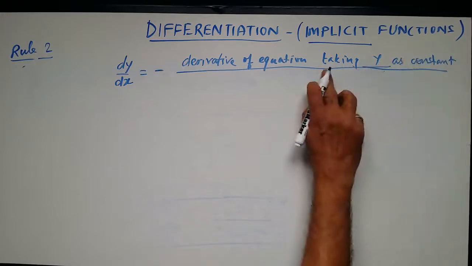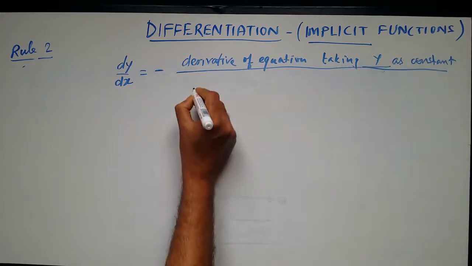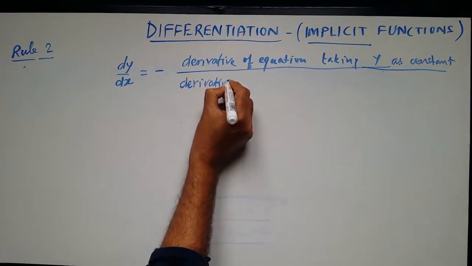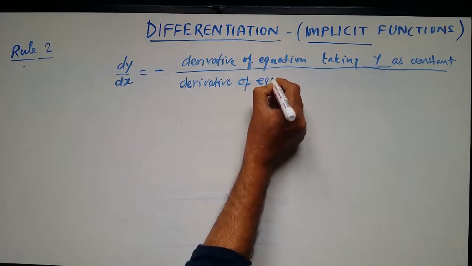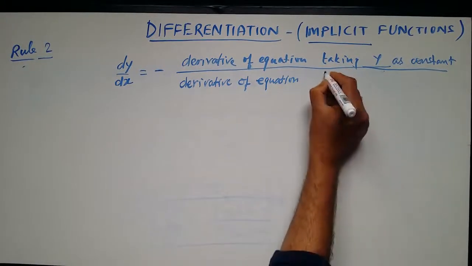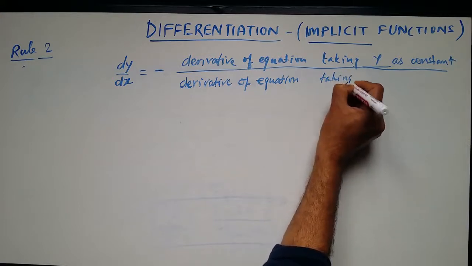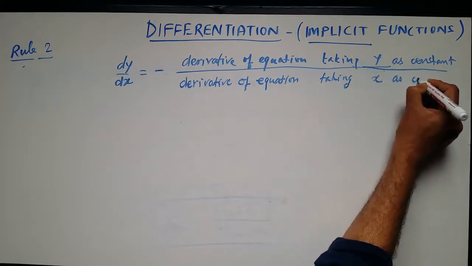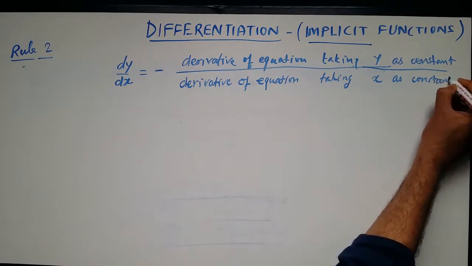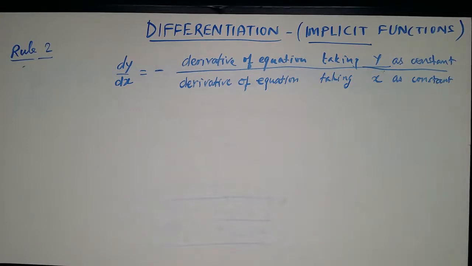We'll see what you mean by taking y as a constant. And the second one is the derivative of the equation taking x as constant. Okay, let's see how to do this.